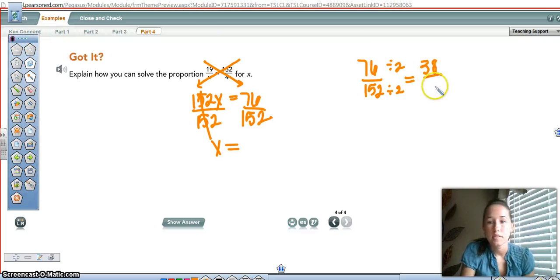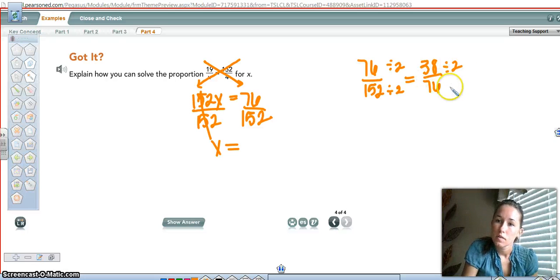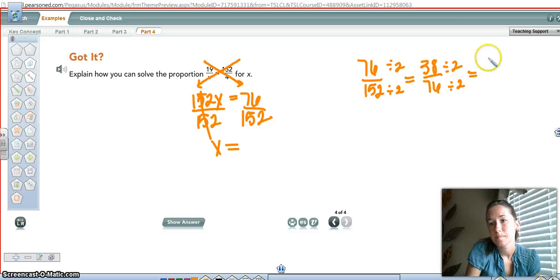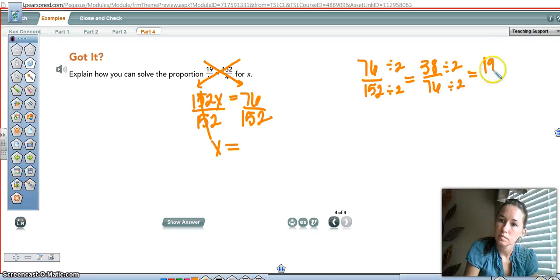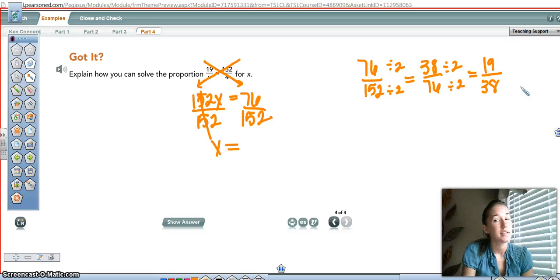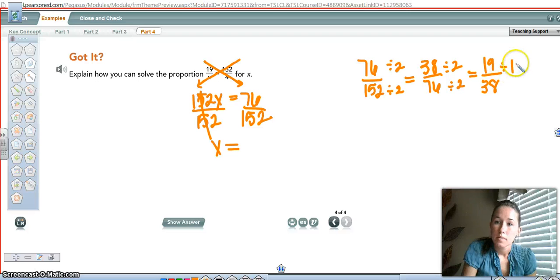And then the fraction will just get smaller and smaller. Well, guess we can divide by 19 even, can't we?